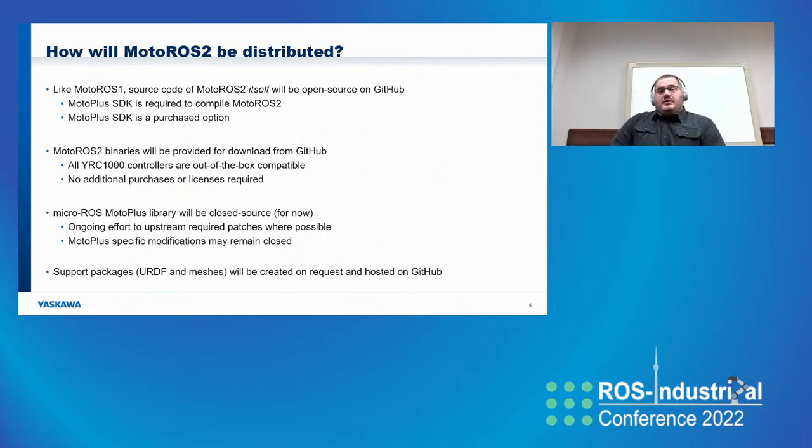The source code for the driver will be open source, presented on GitHub, but to build it, it does require the MotoPlus SDK, which is a licensed product from Yaskawa. So if you want to use MotoROS2 as is, take it, run with it, have fun with it. If you need changes to customize it for your application, then it would require the SDK. It's a one-time purchase.